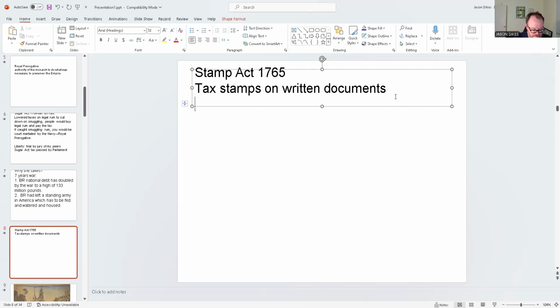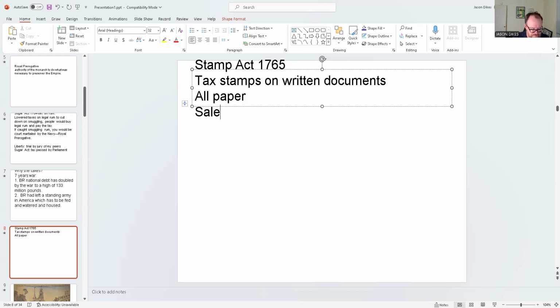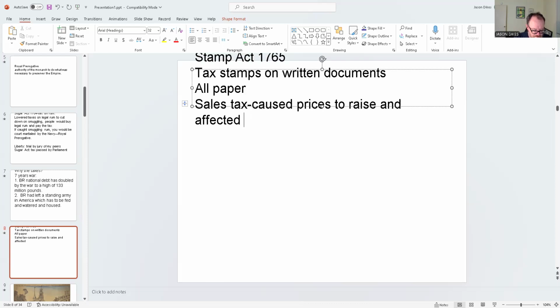And then eventually pretty much anything made out of paper, such as newspapers or playing cards. The best way to think of the tax stamps is as a sales tax. It's not a particularly heavy tax, the way, say, property tax is, but it is a tax that causes prices to rise and affected the majority of colonists.